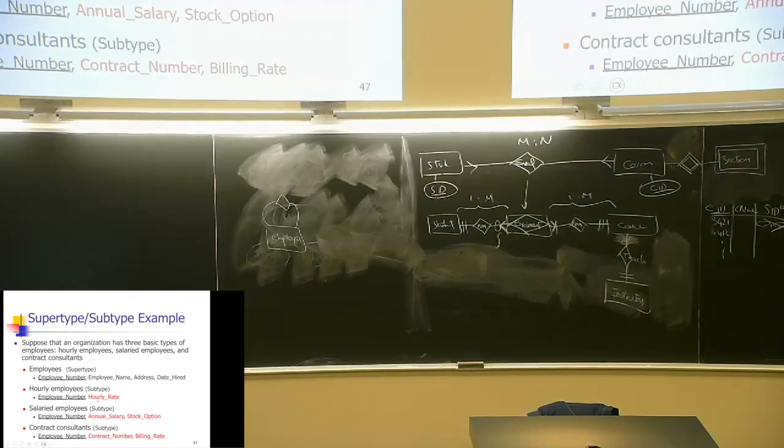I didn't repeat them here, but they all have these attributes. They also have unique attributes of their own, not shared with other subtypes. For example, an hourly employee may have an hourly rate, but this attribute doesn't make sense for salaried or contract employees. Or contract consultants have contract number and billing rate, which are unique and not shared with the other ones.